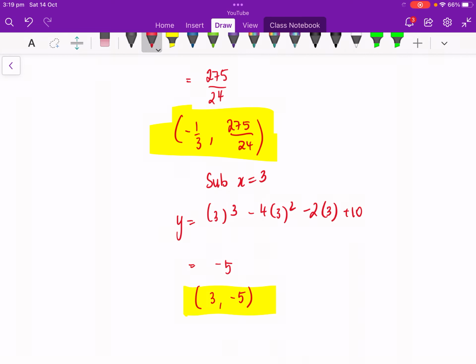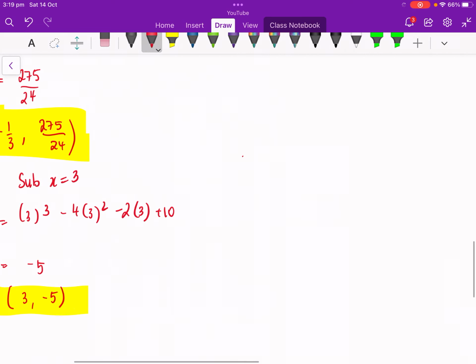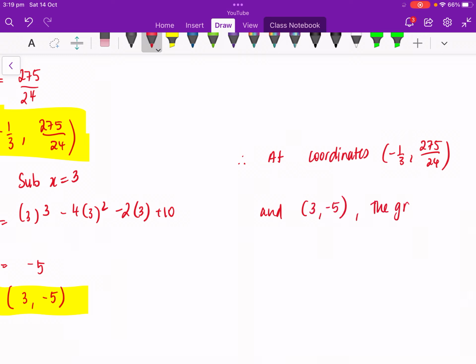So that means my answer, therefore, at coordinates -1/3, 275/24, and 3, -5, the gradient is 1 on the function y equals x cubed, take 4x squared, take 2x plus 10.